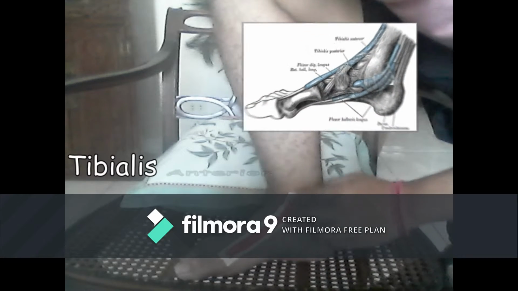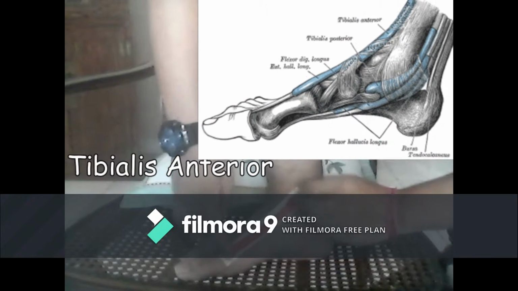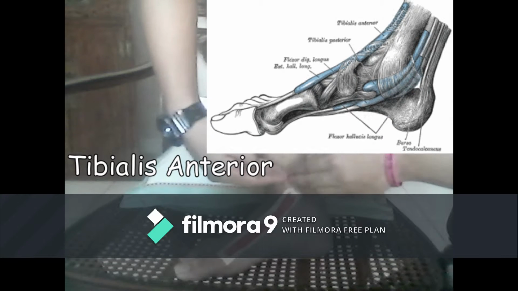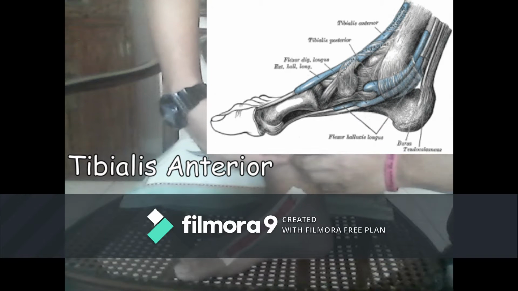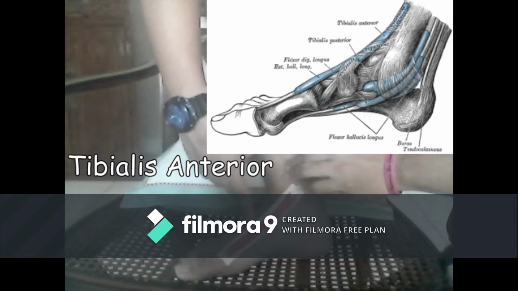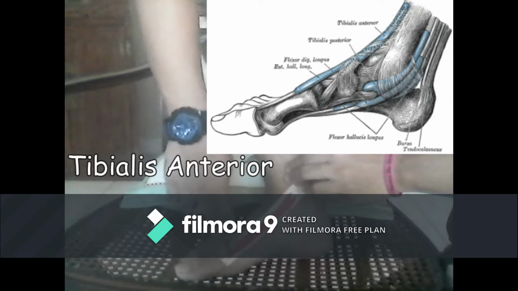And now for the tibialis anterior. So the tibialis anterior originates from the upper one half of the lateral condyle of the tibia and is inserted from the medial cuneiform and first metatarsal.